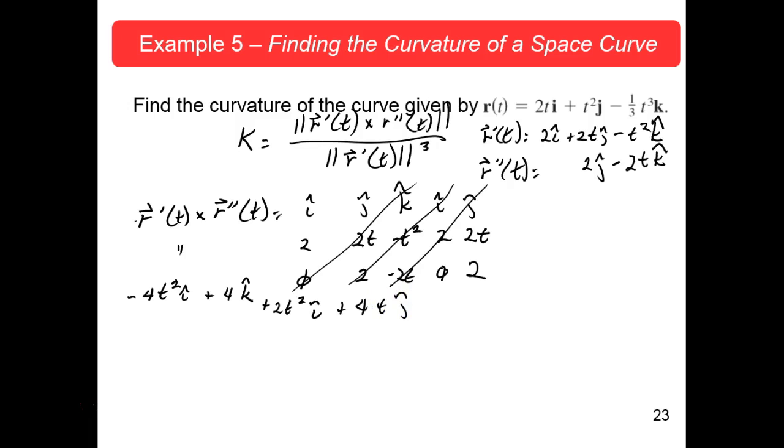All right, combine like terms here, and I think you have a minus 2t squared i plus 4tj plus 4k. Got them all? I think so. Okay. Now we need to do the magnitude of that. And what would that be?